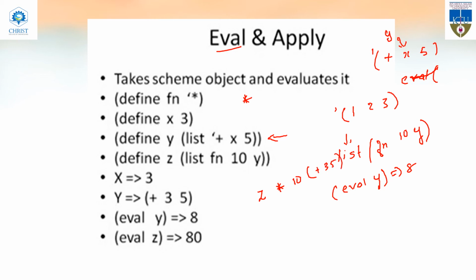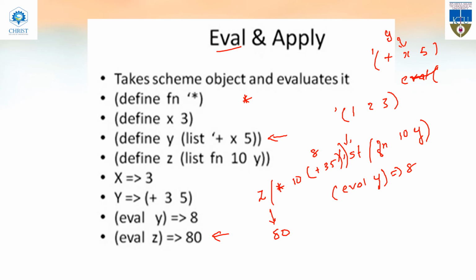If I write eval of z, whatever is written in this list gets evaluated. First plus 3 5 gets executed, which is 8. Then star 10 8, that is 10 into 8, which is 80. So the resultant will be 80. I hope it is clear.